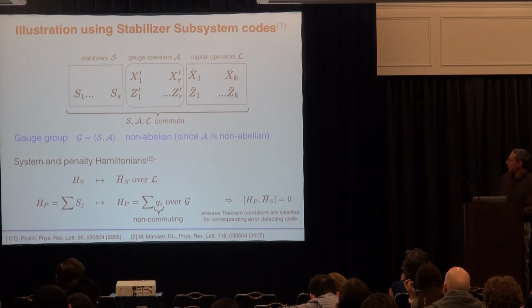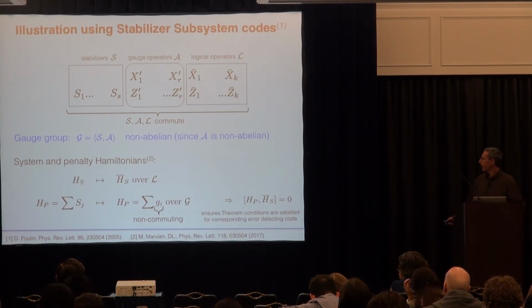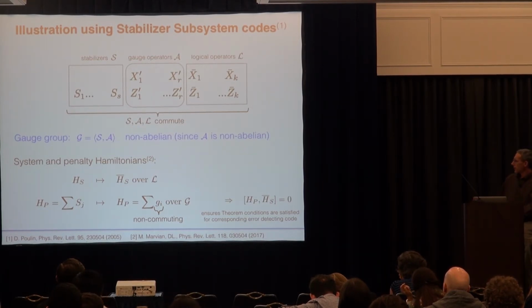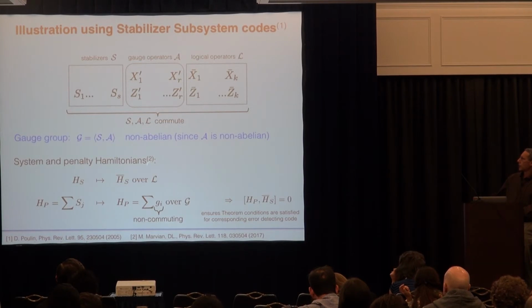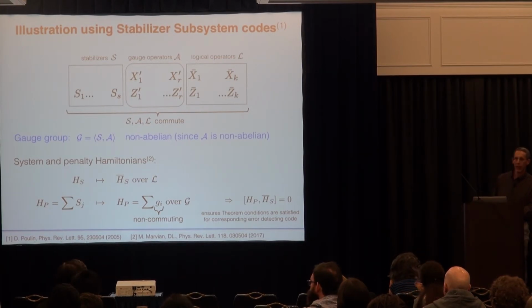And now what we do in order to satisfy the conditions of the theorem is first we encode the system Hamiltonian over the set of logical operators. We replace the penalty Hamiltonian, which used to be a sum over stabilizer generators, by a new penalty Hamiltonian, which is a sum over gauge group generators. Okay, so this is the key modification that we have to make.